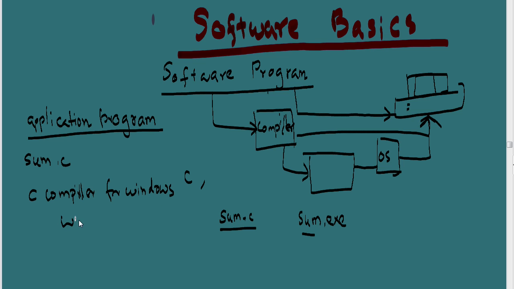Then you have your Windows OS, and that will interact with, you can say, an Intel PC, which is close to the hardware that we can get. So your application program is this.